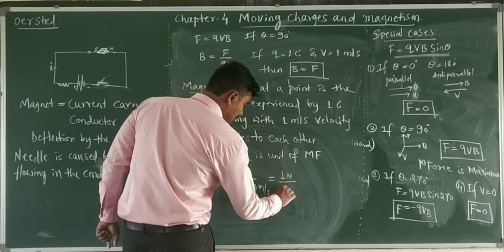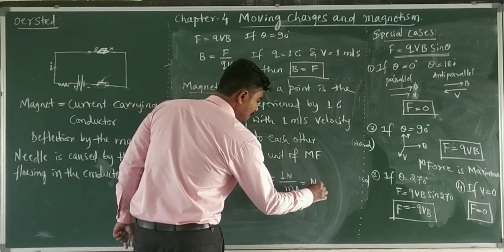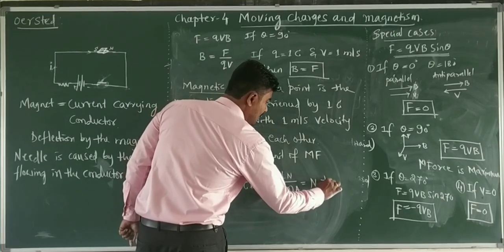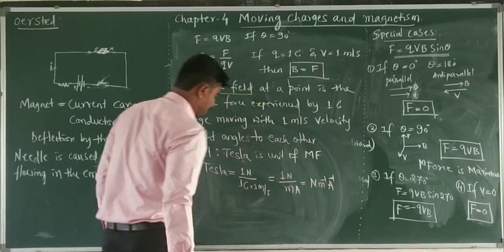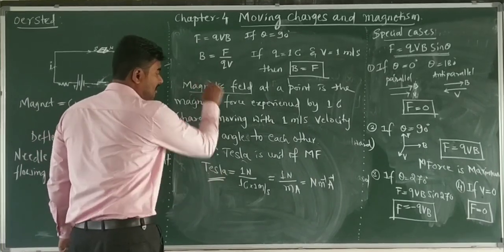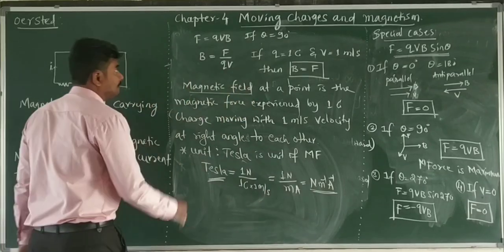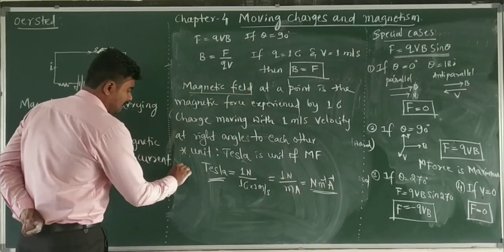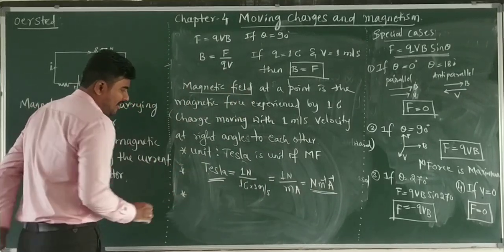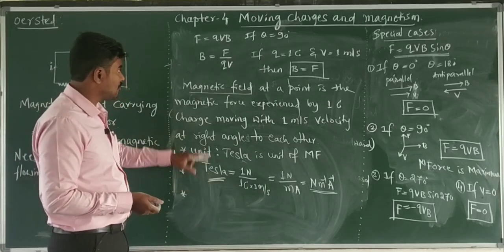Therefore I can write Newton per meter per ampere. 1 Tesla is the unit of magnetic field, and Newton per meter per ampere is also a unit of magnetic field. If you are ever asked to define Tesla, how are you supposed to define it?